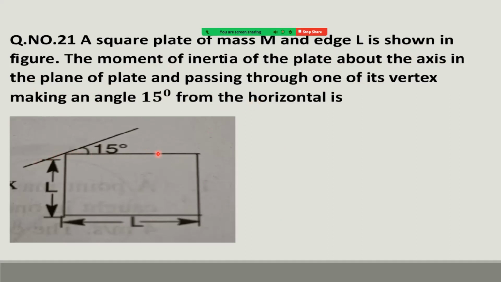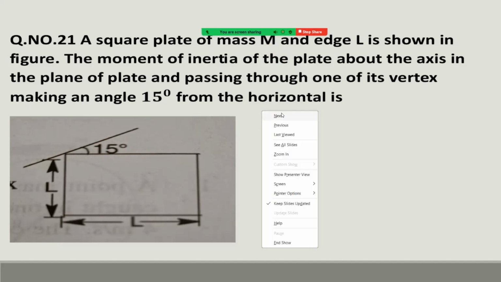So with the horizontal, this makes an angle how much? 15. It is a square plate, mass M, length is L. So we have to calculate now what is the moment of inertia. Let us see how to start.